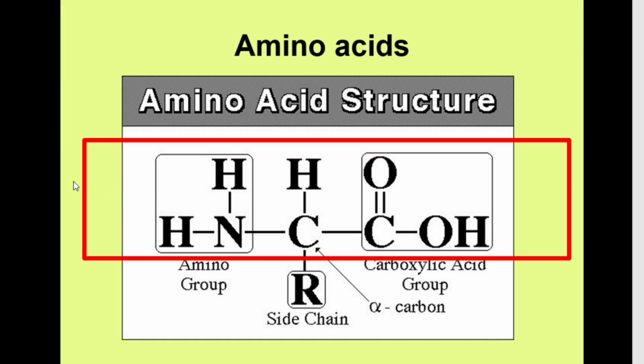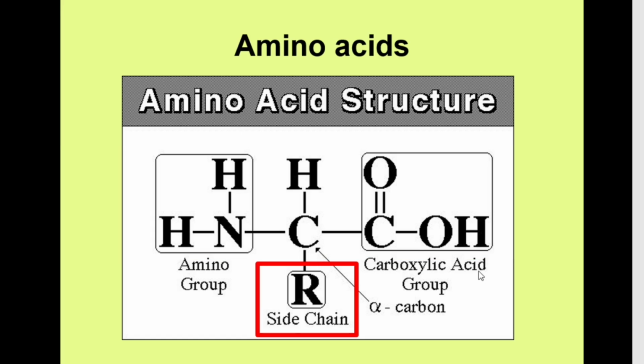If you can imagine a long chain of amino acids, say 1,000 amino acids long, they're all going to be joined together through this backbone. But what you can also notice down here is what we call an R group or a side chain. So when you see an R like this, it just means that there's something else, another molecule, going to be added onto there.